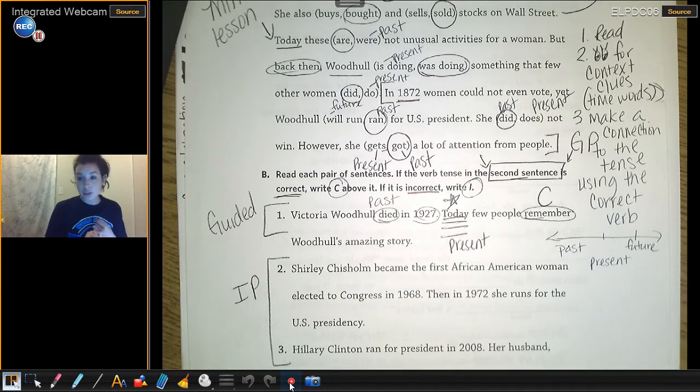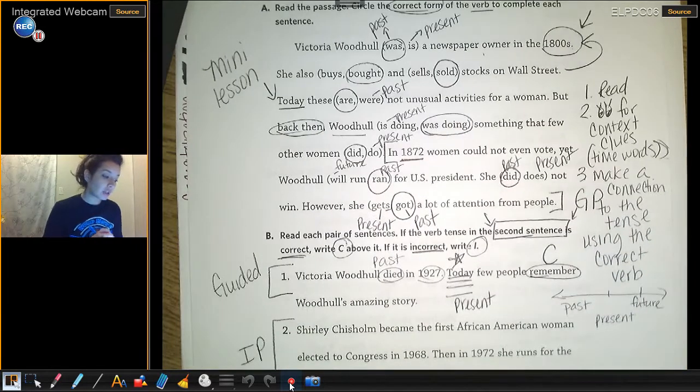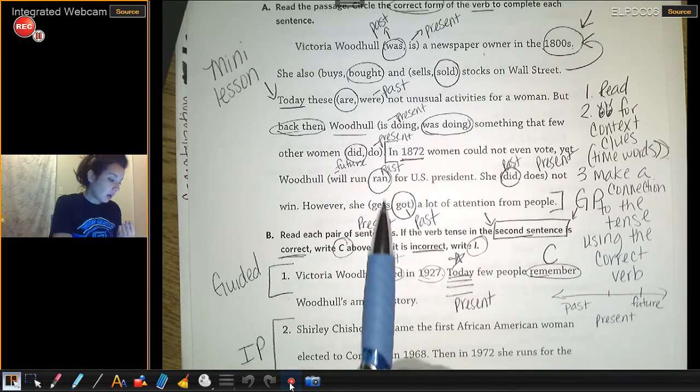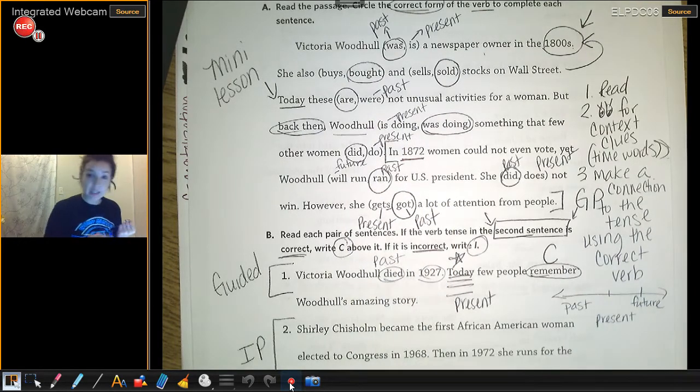I have anchor charts posted on verb tenses and irregular verbs to help you so that you can remember what to add or how a past tense verb should look, present tense, or a future tense verb. And I also will have some irregular verb examples there so you can remember how to use those. I will also be posting those linking verbs like was, is, are, did to help you, okay?